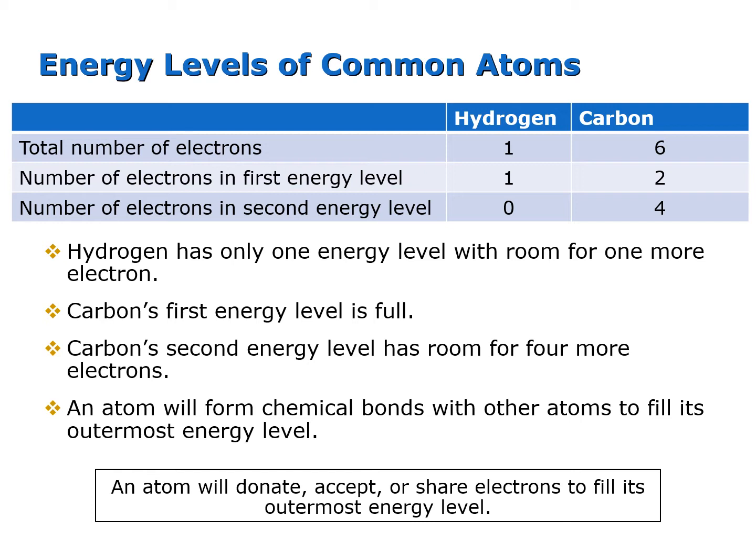And by doing that, we have a connection between two atoms. That donation, accepting, or sharing of electrons will allow to fill the outermost energy level and make it stable. That's why the compounds of different atoms are stable molecules.